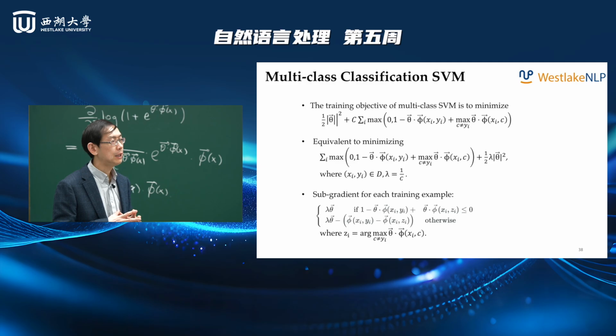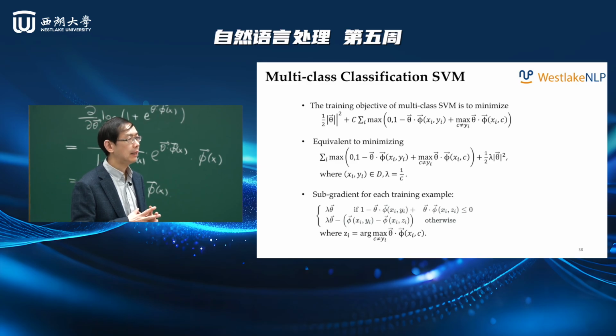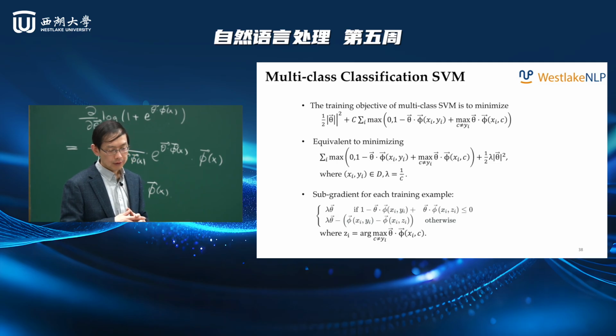But if there's violation, I need to add the violation gradient to the margin gradient. So the violation gradient is phi of x, y minus phi of x, z, where z is the model output, which is the class label that has the highest score, okay.